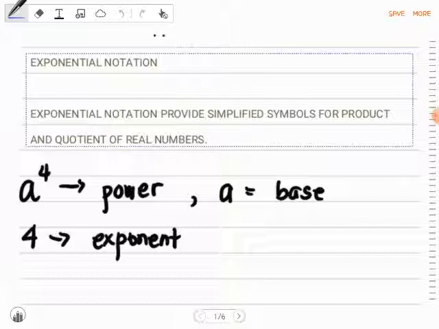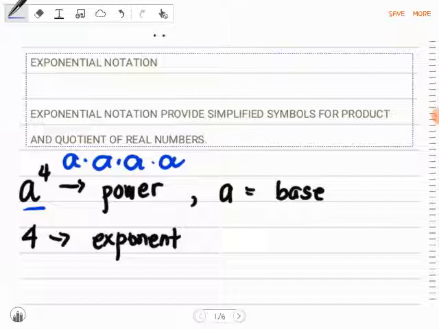Now let's begin with our lesson, which is all about exponential notation. Exponential notation provides simplified symbols for products and quotients of real numbers. The symbol a raised to 4 is another name for the product of a times a times a times a.